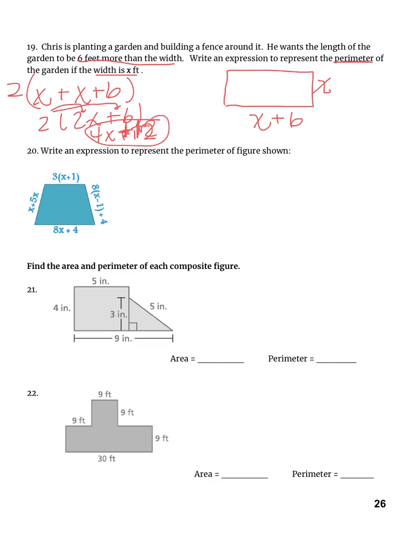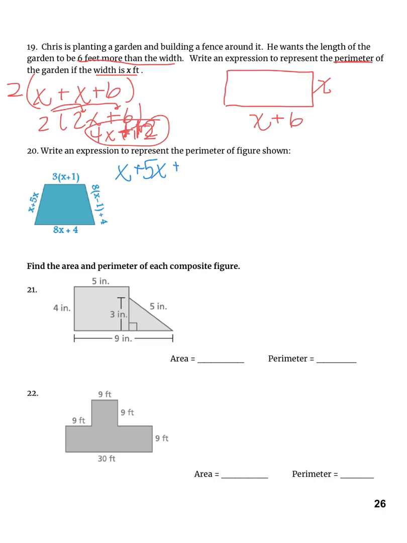All right, thank you. So when you go to do number 20, this time you're working your way around the shape, well, this trapezoid. So as you list the side lengths to find the perimeter, the one side length here is x plus 5x, which is really just 6x.